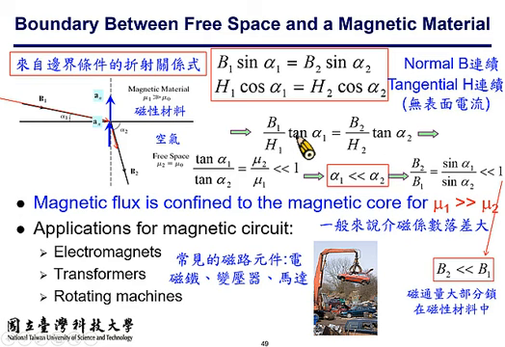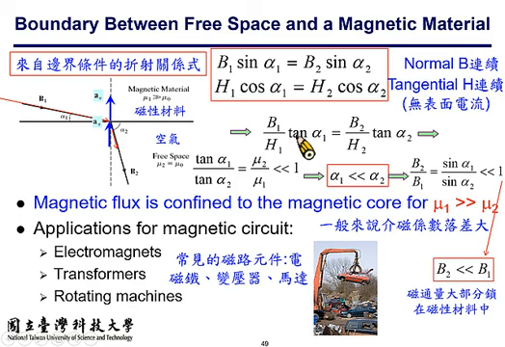And because the relationship between B and H is the permeability mu, tangent alpha 1 over tangent alpha 2 equals mu2 over mu1.